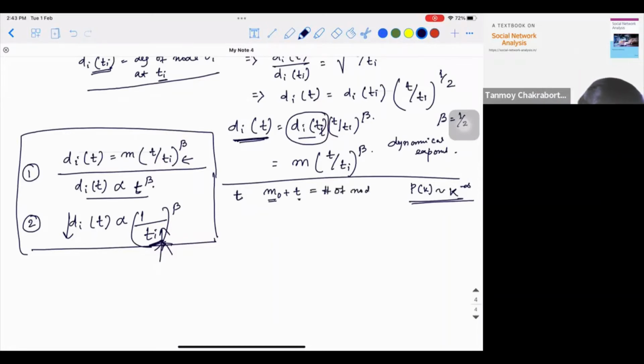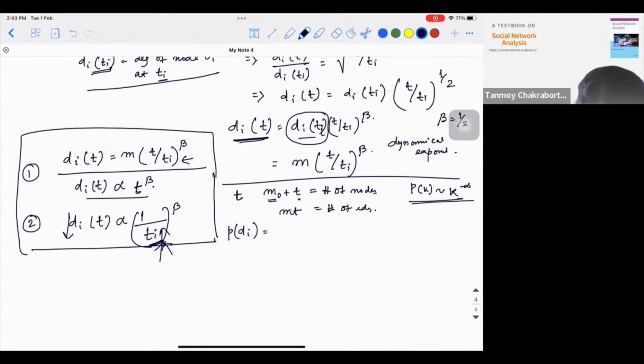And how many edges are there? We have already seen. So let's again look at some of the notations. P of di, we have already seen.